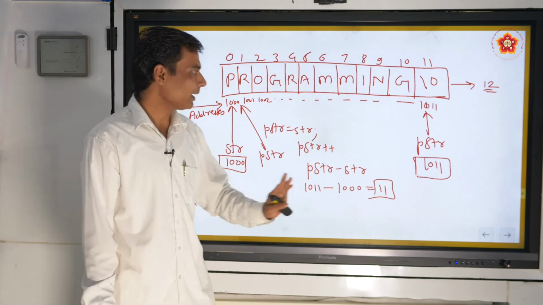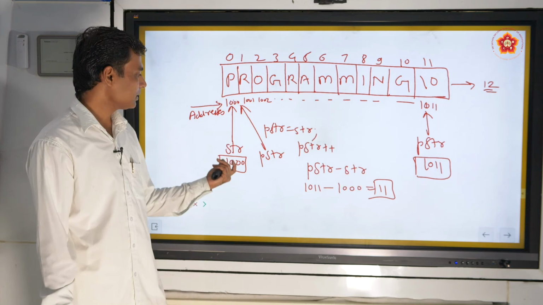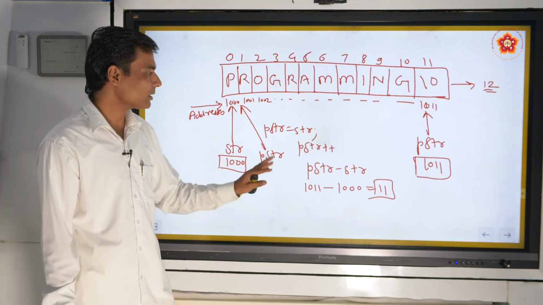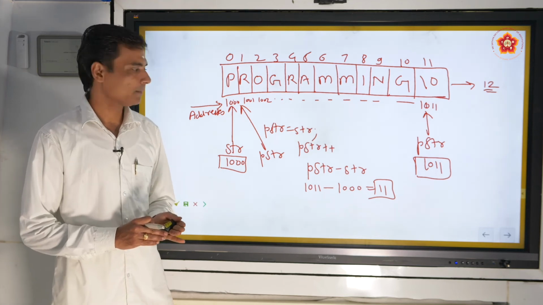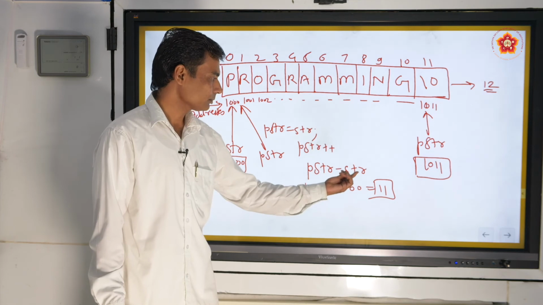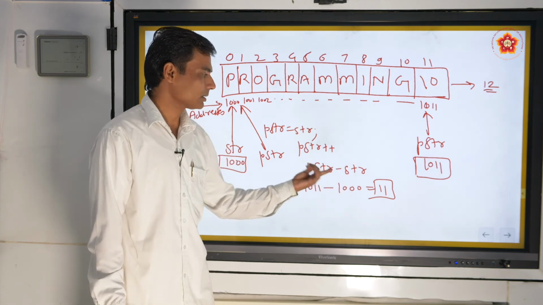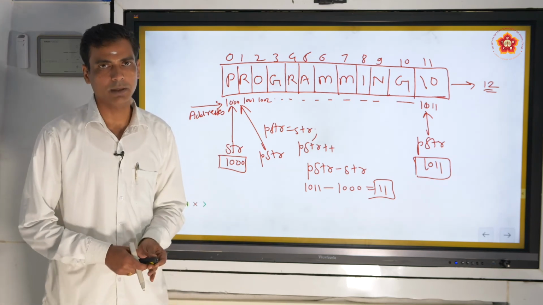So the final value held by pstr is 1011, and str is still holding the initial value. That's why we have used this logic, simply subtracting the value of str from pstr, which gives us 11, the length of the string.